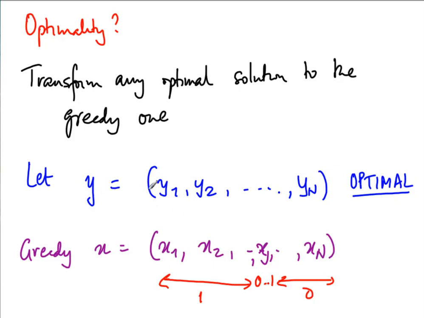We have no idea how the y's were actually computed. We only know that y is optimal, but we can assume that it is reported in the same way as x. That is, y1 and x1 correspond to the same bag, y2 and x2 correspond to the same bag, and so on. We are not assuming that y is constructed in the order 1 to n, just that it is reported in the order 1 to n.